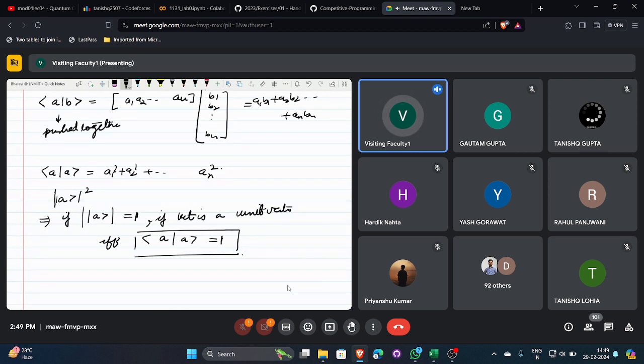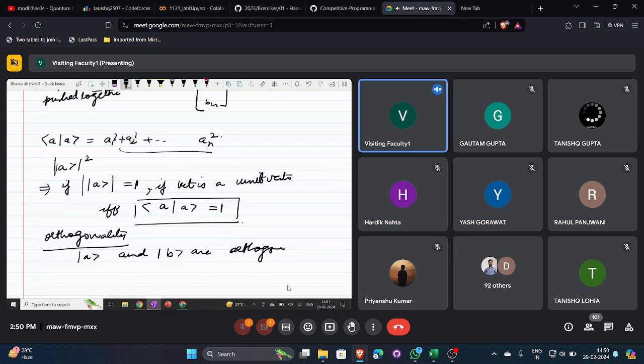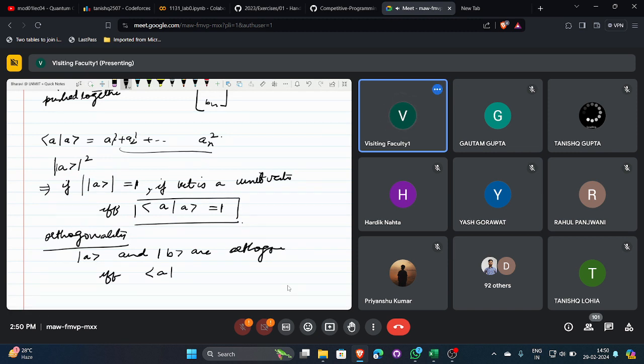Length being 1 means that this whole sum is 1. Or one more important concept is two vectors A and B are orthogonal if and only if this is equal to 0.